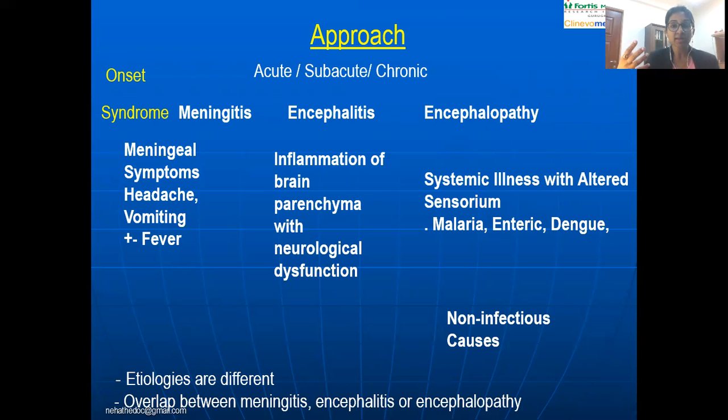This may result in systemic dysfunction and then subsequently involving the brain, it's an encephalopathy. So here it's not inflammation, but it's just dysfunction of the brain parenchyma. And sometimes even urinary tract infections, especially in elderly patients, will result in encephalopathy.